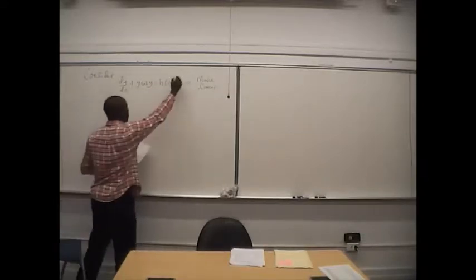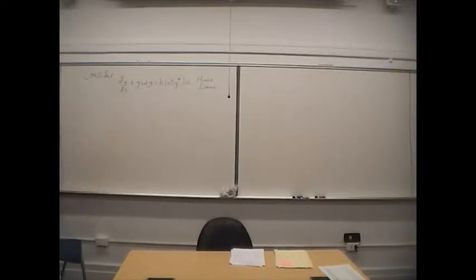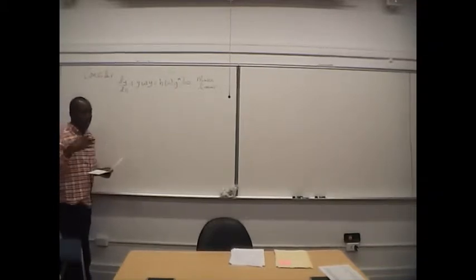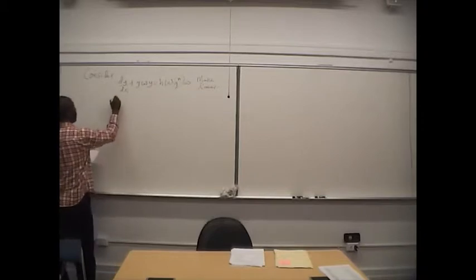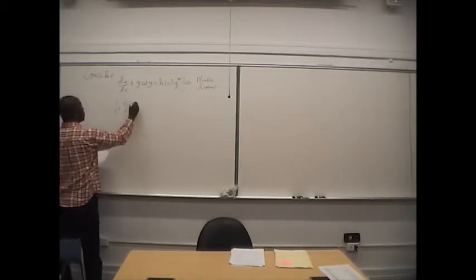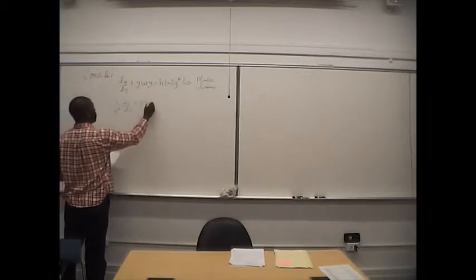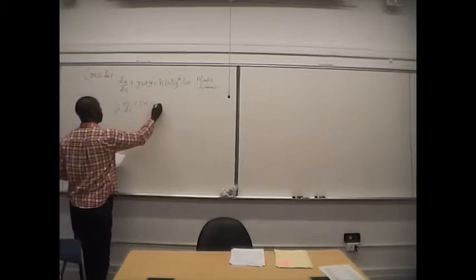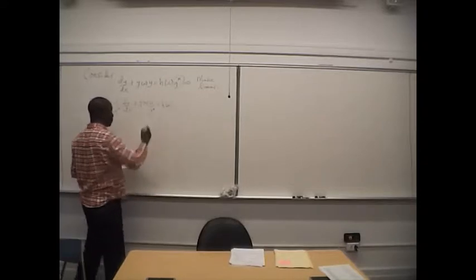Alright, so since this is a problem child, we're going to begin by dividing through by y to the n. Okay, because we want to wish it away. Right. So we have 1 over y to the n dy/dx plus q of x y over y to the n is h of x.